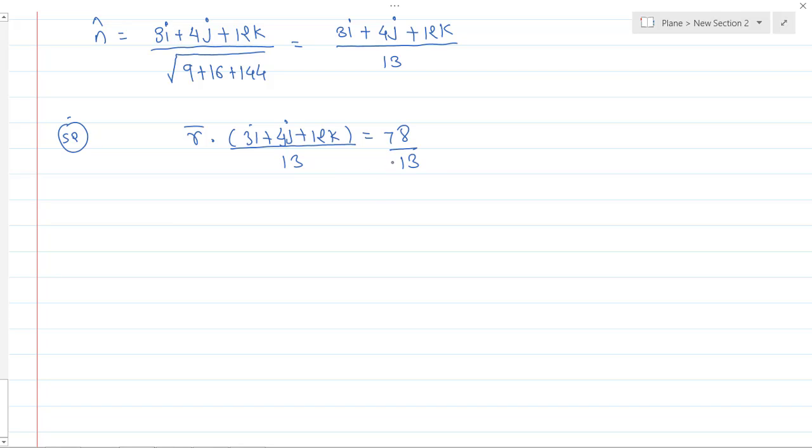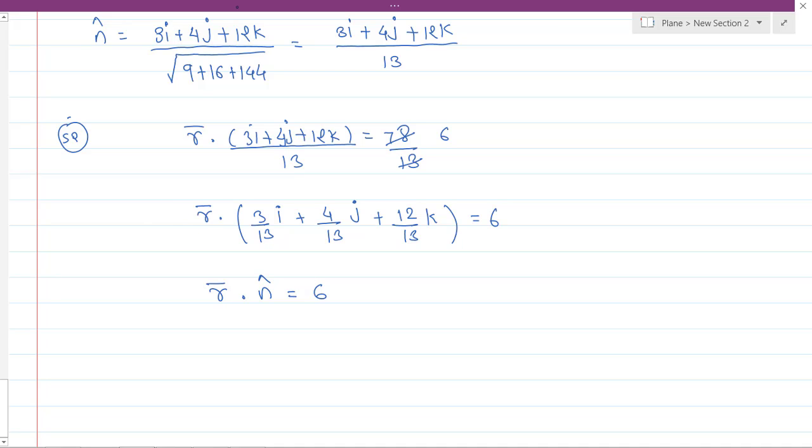Okay, so 78 divided by 13 is nothing but 6. So I will be having r bar dot 3 by 13 i plus 4 by 13 j plus 12 by 13 k equals 6. Now I can simply say that this is the form of r bar dot n cap equals 6. So this is the normal form of the equation.